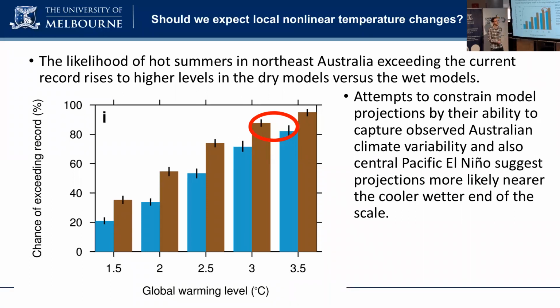So this is a really important point: there's this huge uncertainty in regional projections. It's partly explained by the nonlinear change locally in warming, and partly explained by the change in the pattern of warming.